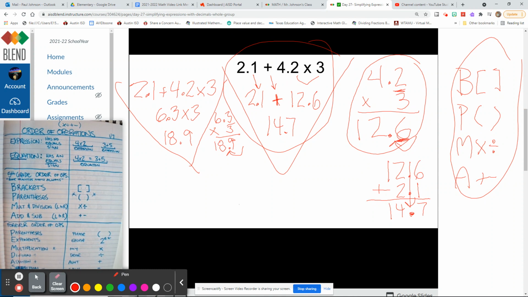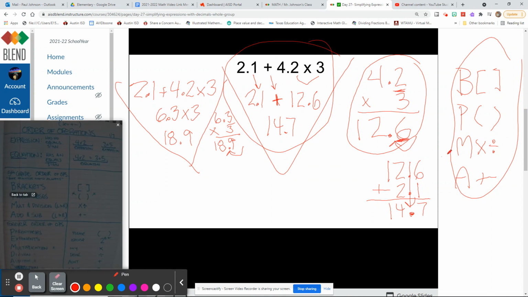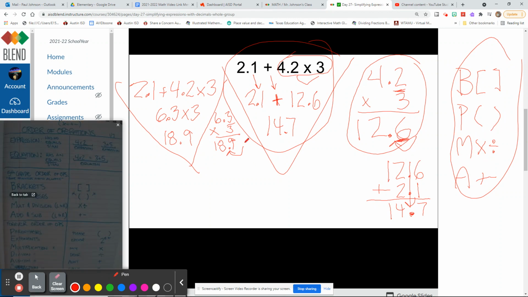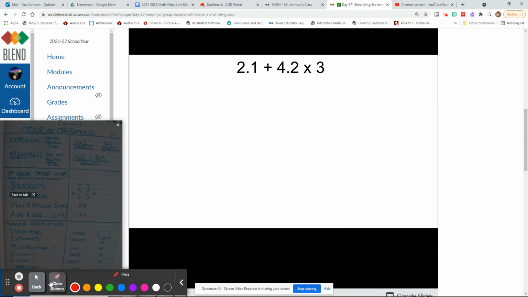Remember, if I use the order of operations, I have addition first in the problem, but I have to do the multiplication first because the order of operations states I have to do what's in grouping symbols first, and then multiplication and division, and then addition and subtraction. All right, so let me clear all my work and see what happens next.